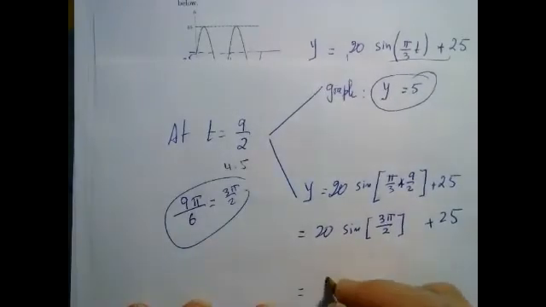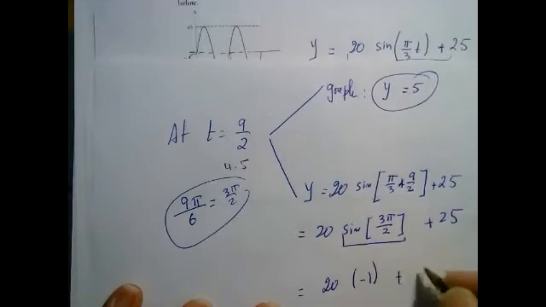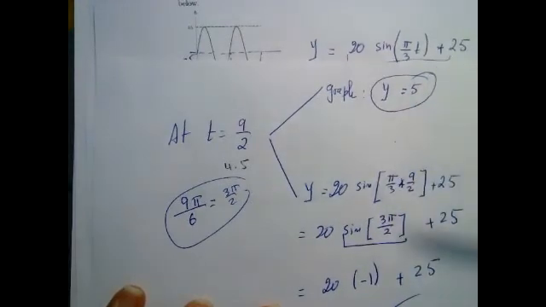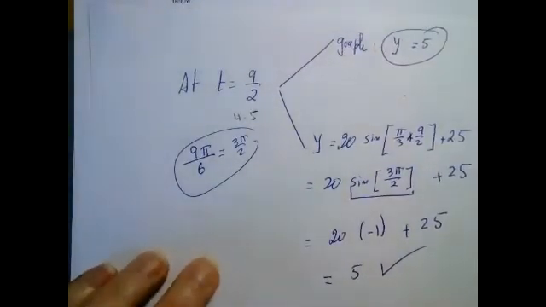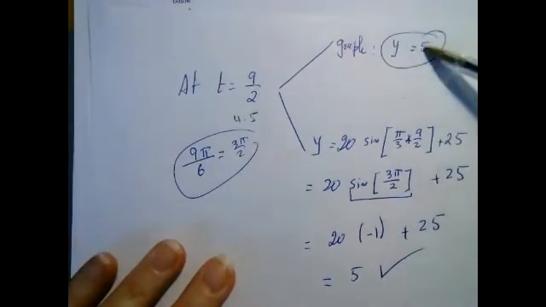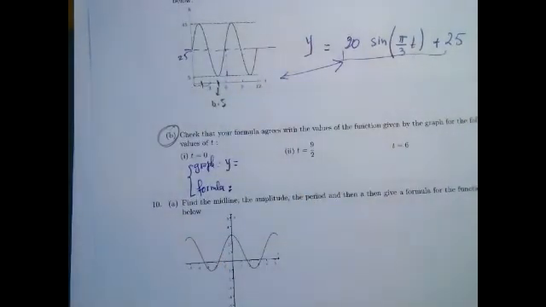So you give me what? 20 times sine 3 pi/2 is -1, plus 25, which is going to give me 5. Check. The formula and the graph are giving you the exact same value. So that's really what I mean. It's a way for you to check that your formula fits the graph. If you don't get the same thing, it means that your formula does not really represent the graph that you have in mind. All right.